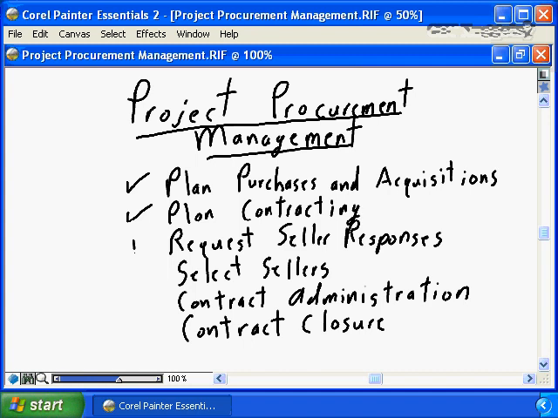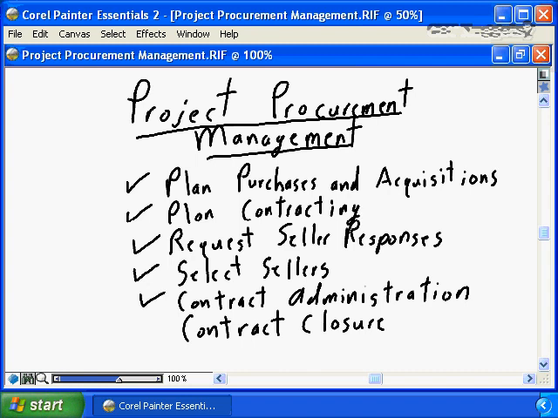Requesting seller responses means producing requests for proposal, going to the marketplace, trying to find qualified sellers, and requesting that the qualified sellers respond with solutions as to how the project's requirements will be met. Selecting sellers is reviewing and understanding each of the responses and picking the seller that best satisfies the project requirements.